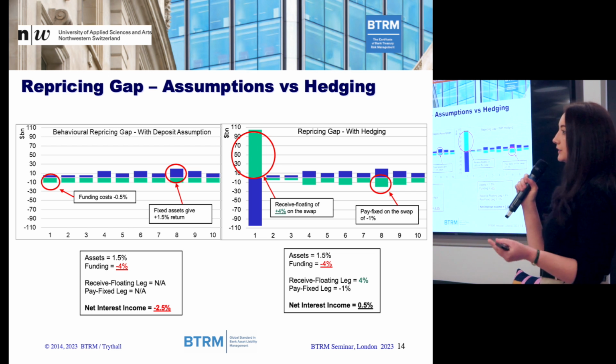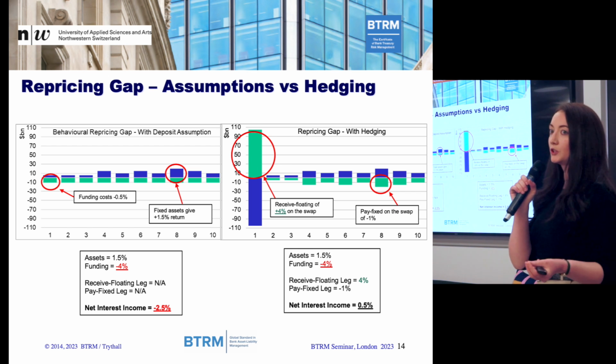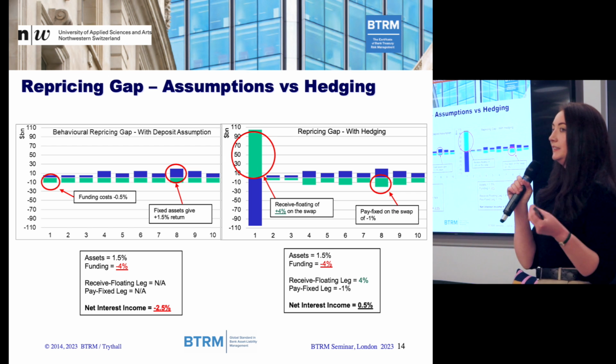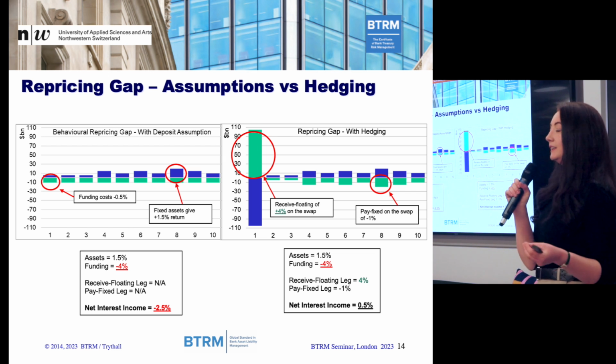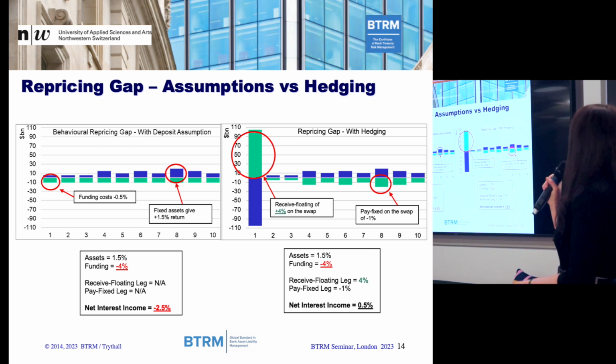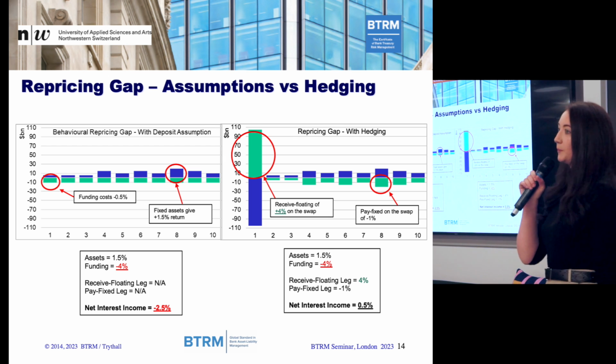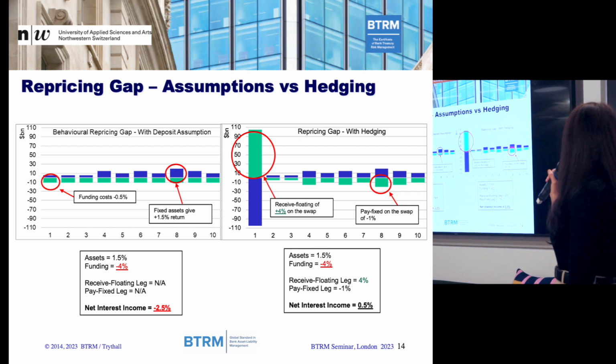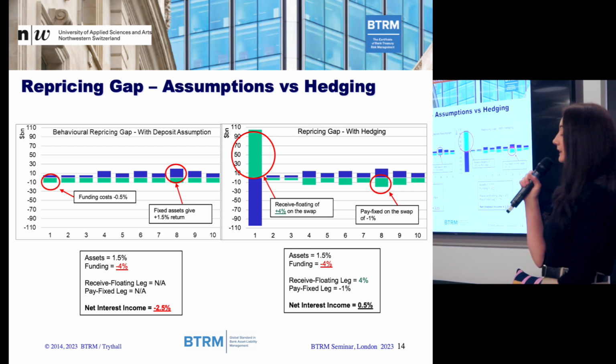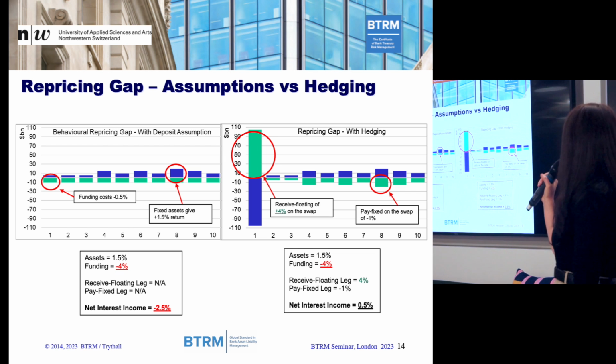So instead of having that 0% funding, they're in a situation where they're struggling with liquidity. They need to get funding in quite quickly, at the current market rate, which is 4%. So you can see now the net interest income is minus 2.5%. Whereas with the hedging on the right, the net interest income is still 0.5%, so it's locked in at that rate.